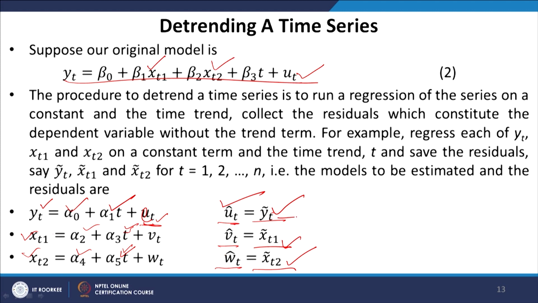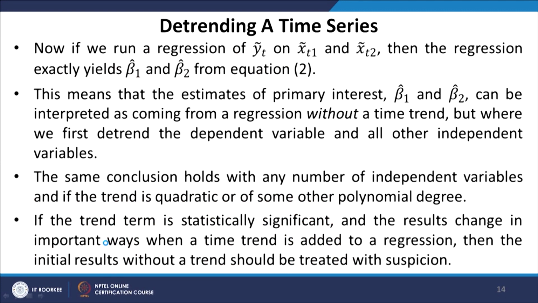Now, yt tilde is the original series except for the impact of the trend factor. Similarly, xt1 tilde is the original series without the impact of the trend factor, and xt2 tilde is again the original series without the impact of the trend factor.